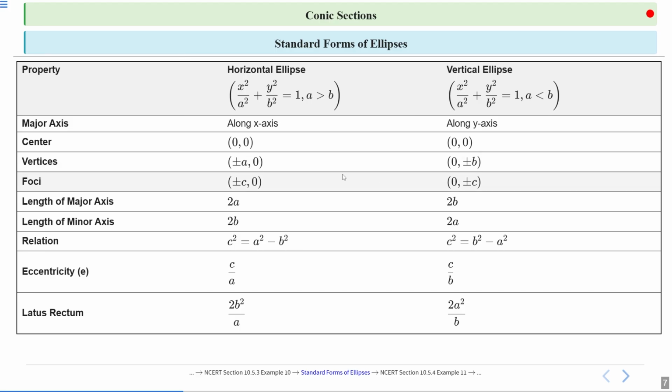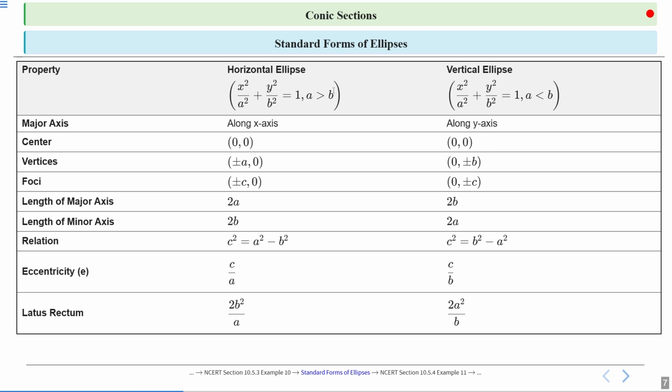Now see here the standard forms of ellipse, and some properties of the horizontal ellipse and vertical ellipse. We already discussed the horizontal ellipse and vertical ellipse. The standard form of the horizontal ellipse is x square upon a square plus y square upon b square equal to 1 when a is greater than b.